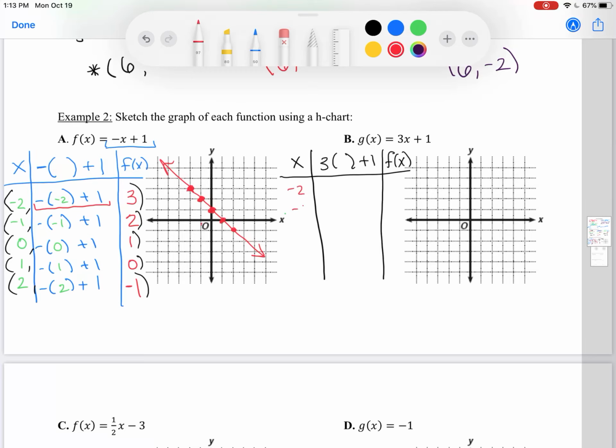Same thing, plugging in our values. This time your work is going to be 3 parentheses plus 1. Same 5 different values for x. And you're plugging in everything as you go. -2, -1, 0, 1, and 2.